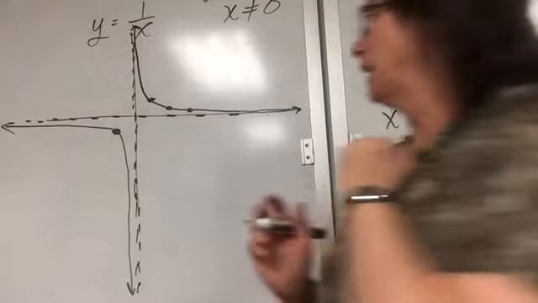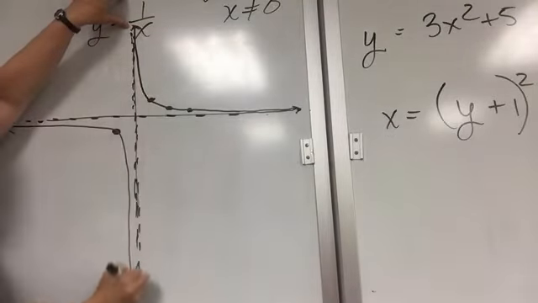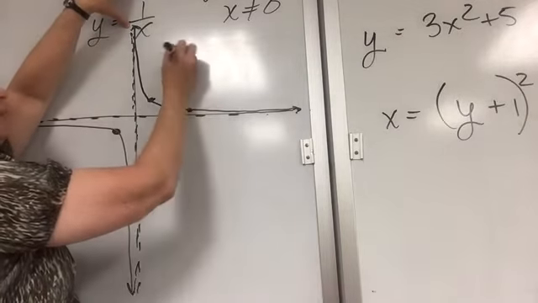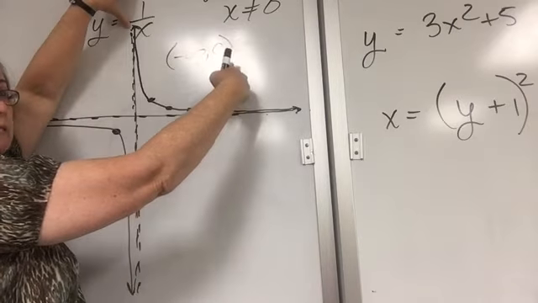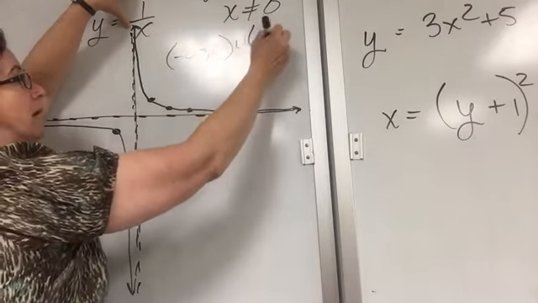Where we can think of this x is 0 is a hole in our domain, isn't it? So if we were going to write that domain, it would be negative infinity to 0, but not including the 0, union 0 to positive infinity. That's the domain.